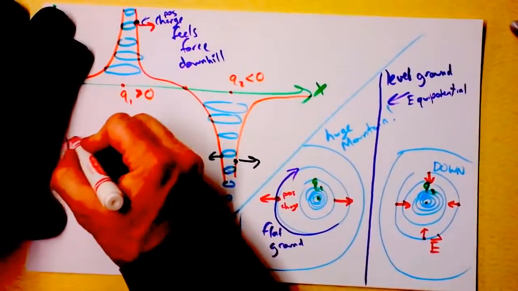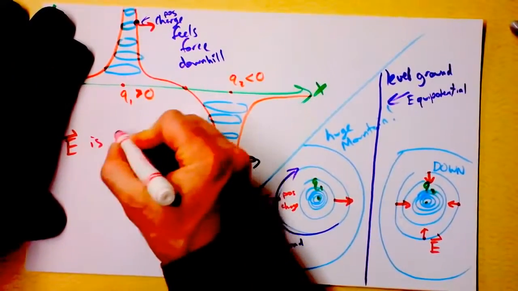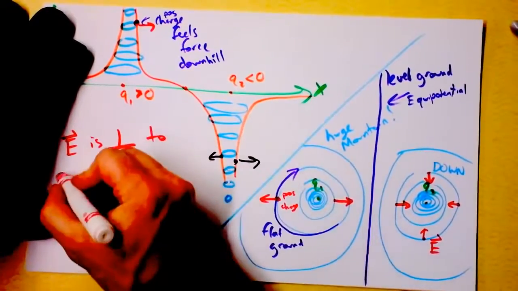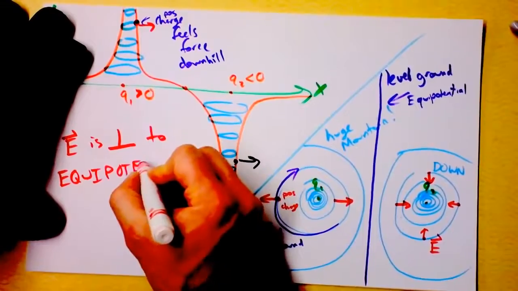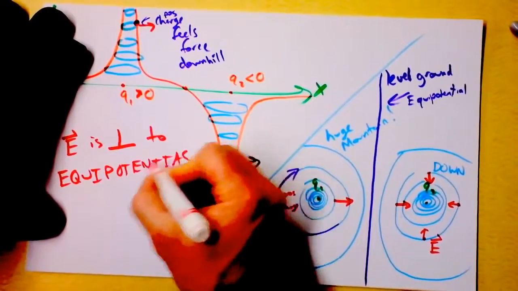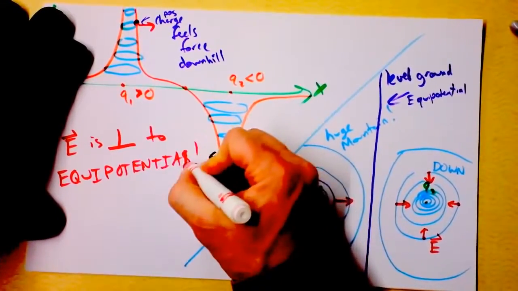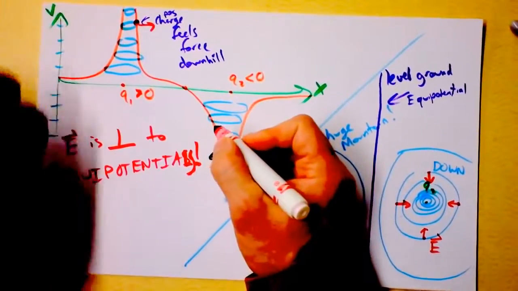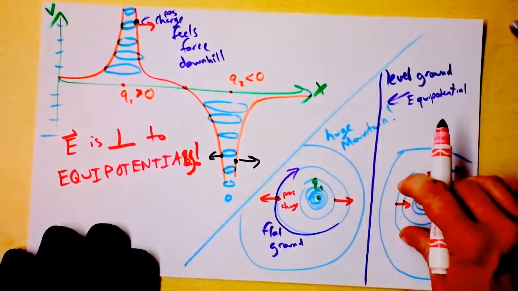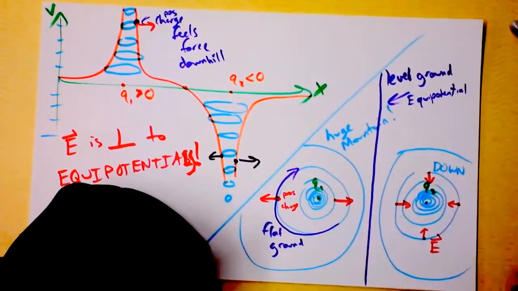That's worth writing down. And I have to put an L in to spell a word. Good work. Electric field is always normal to equipotentials.